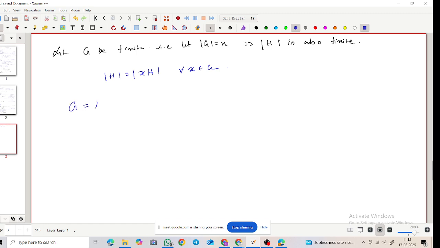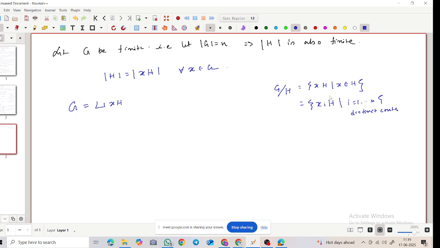We had written G as the union of the cosets xH. We have shown that two cosets are either disjoint or equal. So we can write this as the union of x_iH for i running from 1 to n, where these are all distinct cosets. There is no point in taking the same element twice.